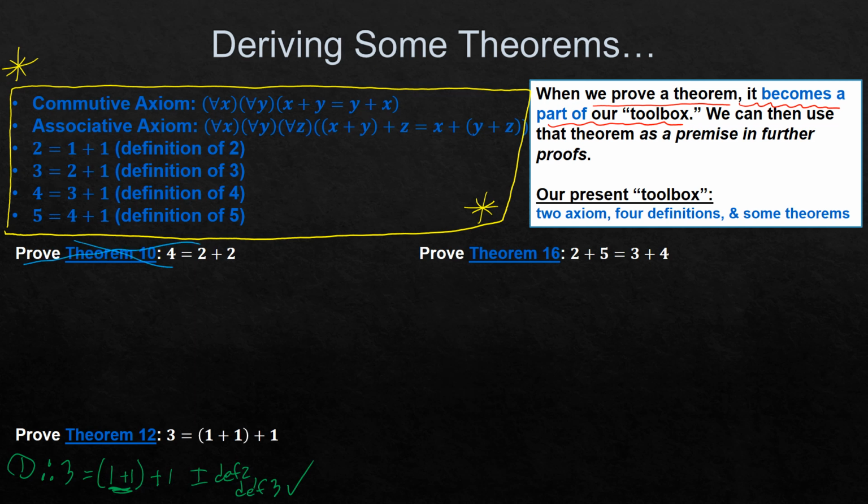So for theorem 16, what should we do? We have 2 plus 5 is equal to 3 plus 4. Well, I think a mini goal of this proof is to prove 5 is equal to 3 plus 2. I think that's going to be a main thing we're going to have to do.